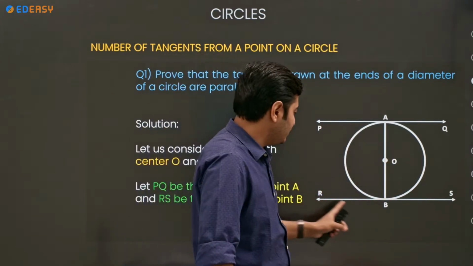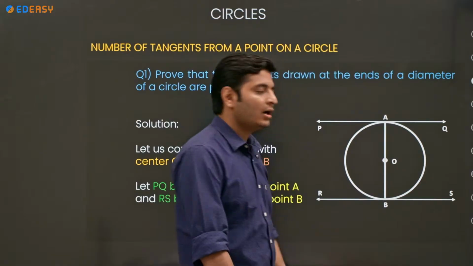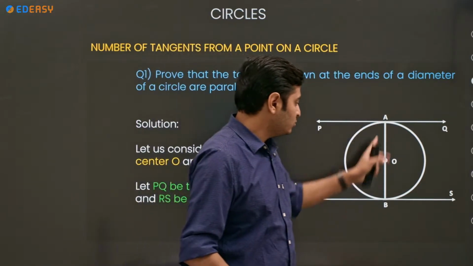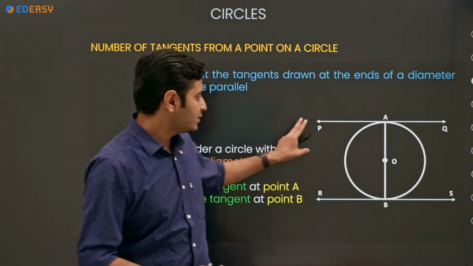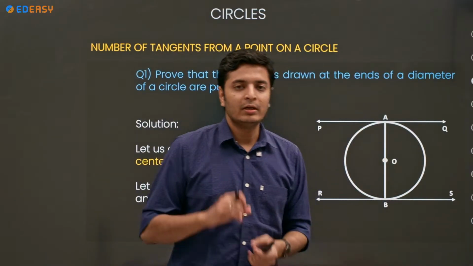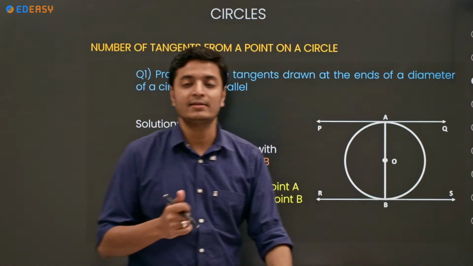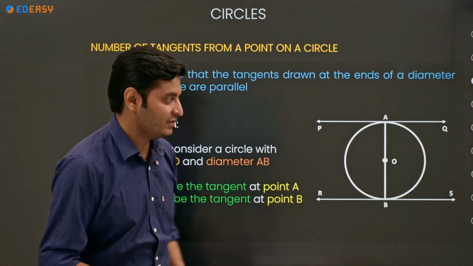Passing through this point B, we have this tangent RS. There are no other tangents possible which are going to pass through A and B, correct? These are the only two tangents possible. We need to prove that these two tangents are parallel to each other.